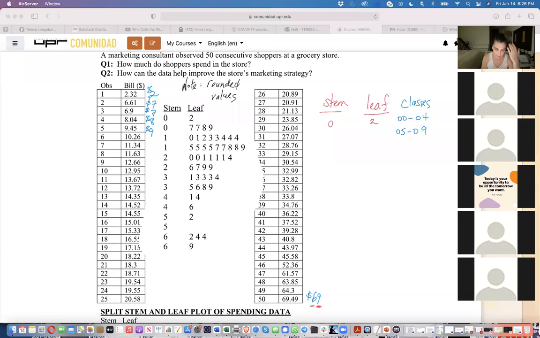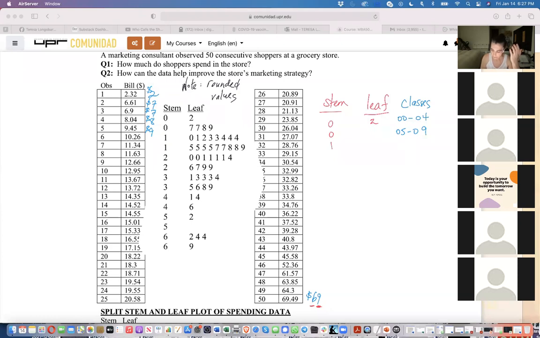Between here and here are the first 5 values before we arrive at 10. The next class begins at 10.